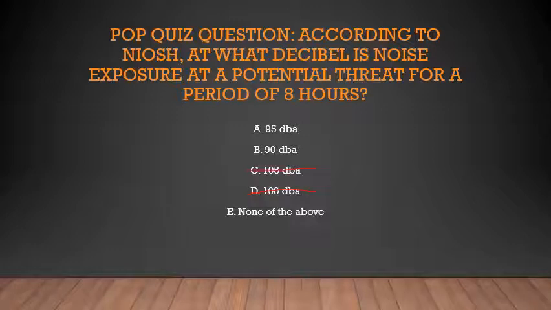It is not 95 either. The closest one is 90 decibels, but however, for a period of 8 hours, it is not that either. Therefore, it is none of the above, and the correct answer is 85 decibels.